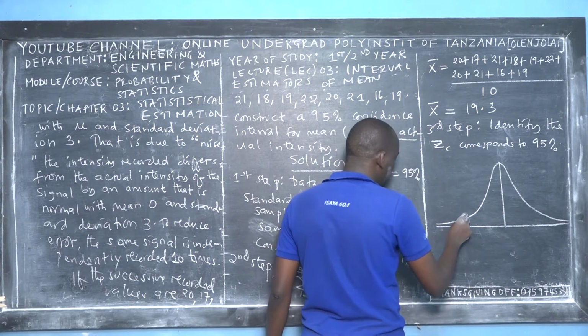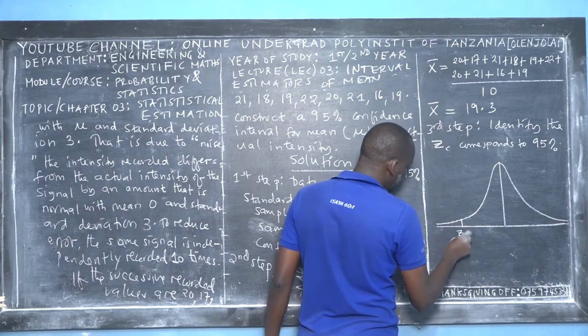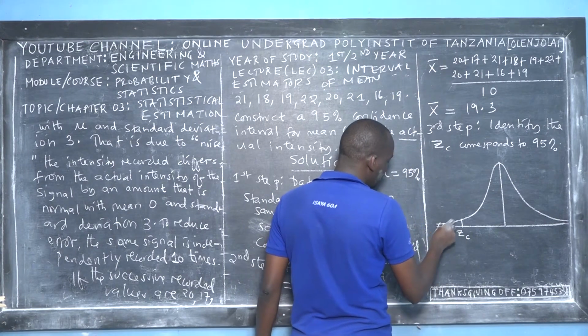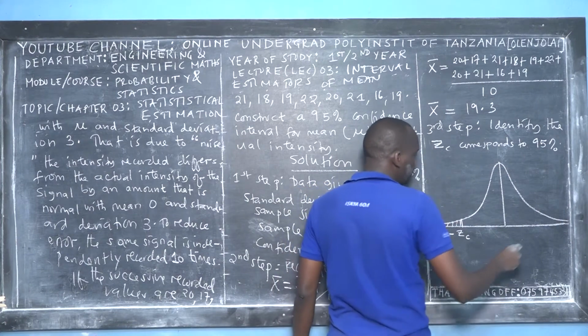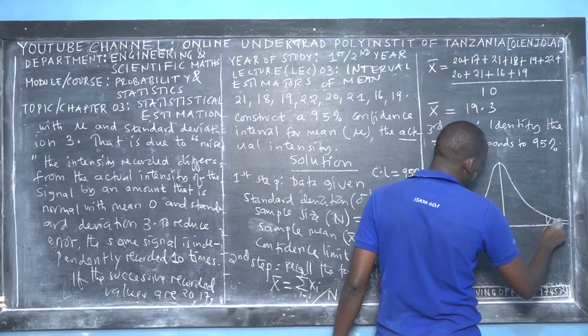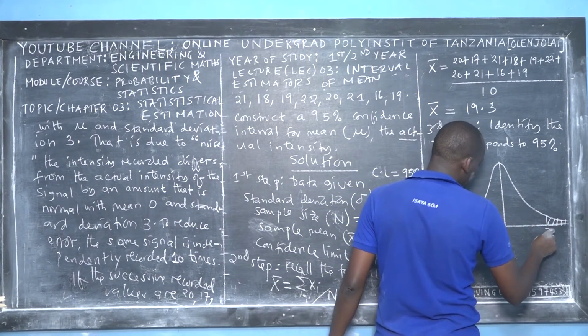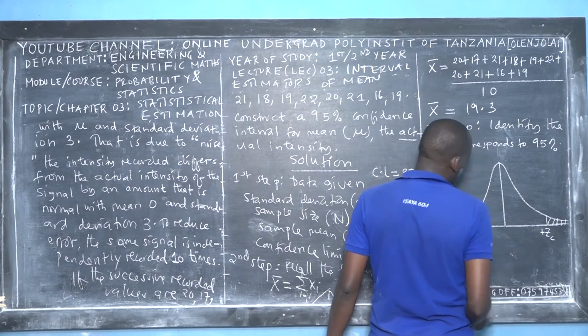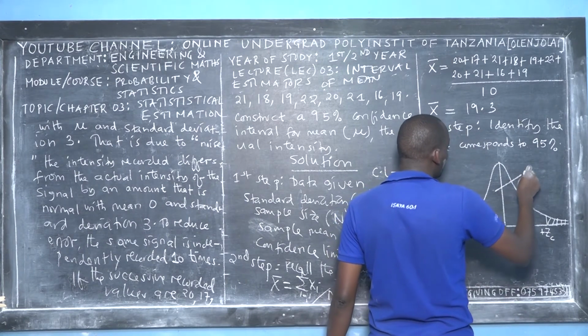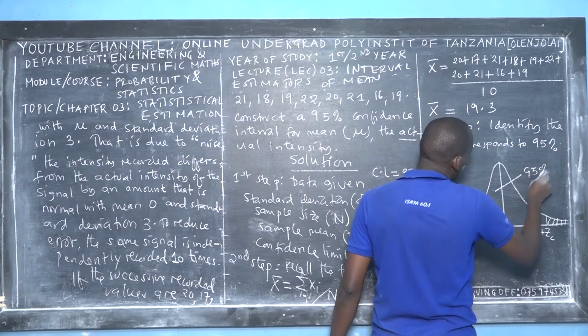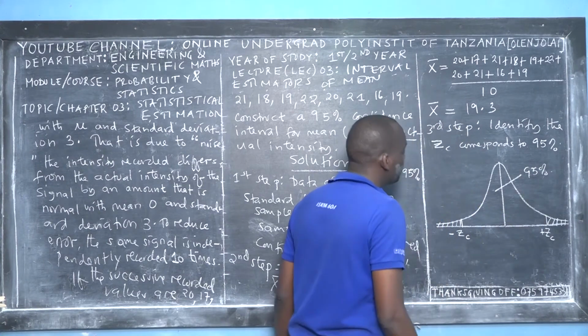Suppose this is negative Zc and this is positive Zc. So this is the total probability of 95%, the confidence level.